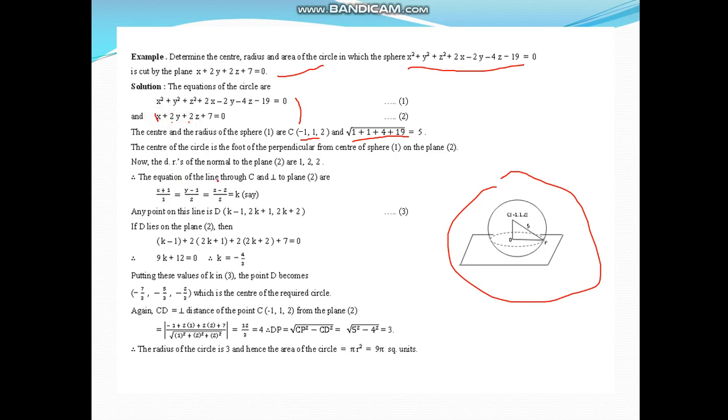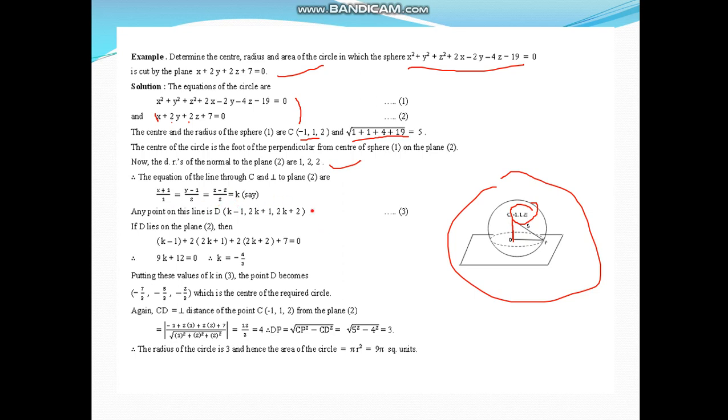So the equation of the line through C, clearly this line passes through this point and has this direction ratio. So it is x minus alpha by this and so on: x minus x1 by a, y minus y1 by b, z minus z1 by c. Let us suppose it is equal to k.